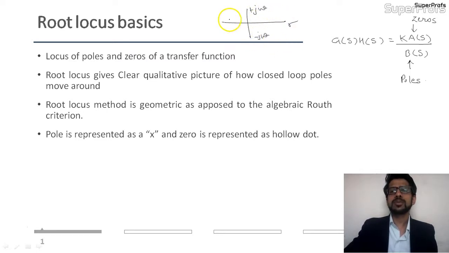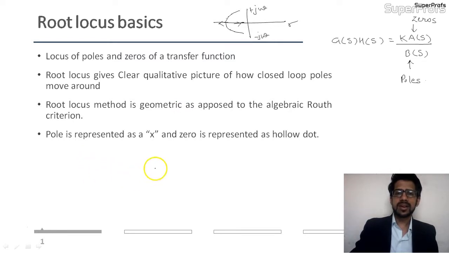We'll be able to plot different values of s, join them, and form a locus. Also, the root locus method is a geometric method as opposed to the algebraic Routh criteria that I already described.